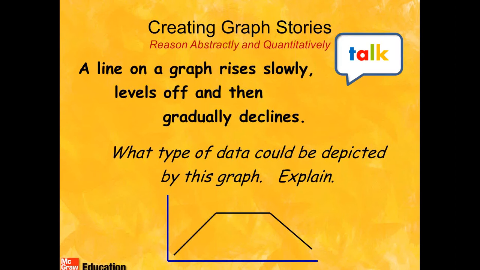Explain. So think to yourself for a moment, what kind of graph is represented here? As I move my finger along the graph, as I tell my story, does it make sense? If I were to add some labels to the graph, time across the bottom, as I'm telling my story, what does the y-axis represent as part of the story?